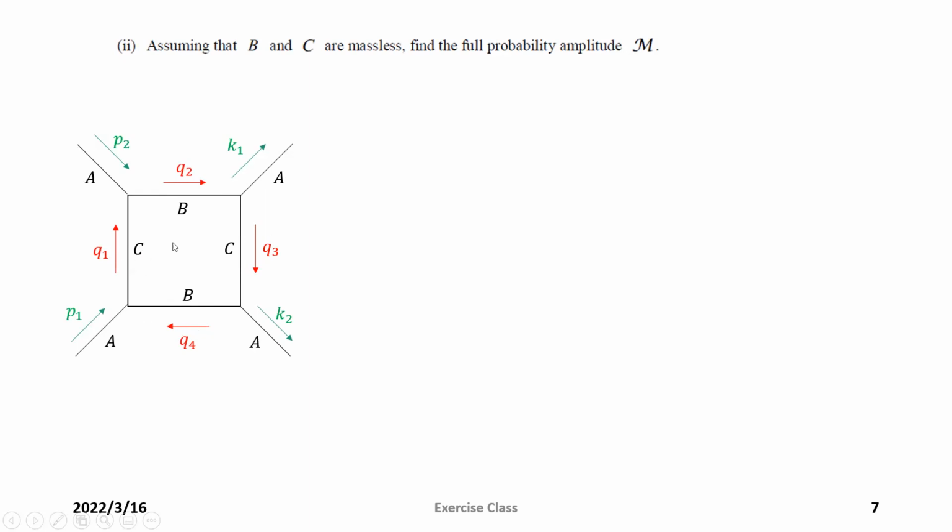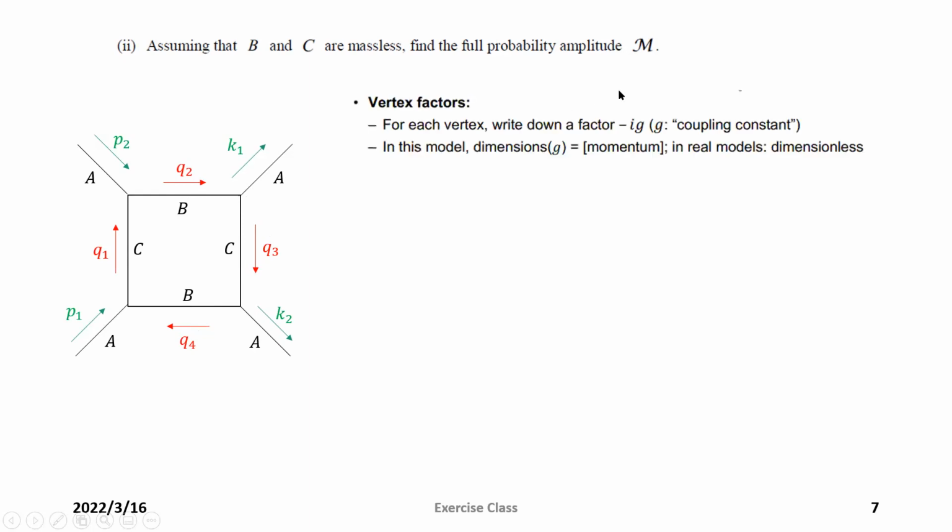And it doesn't matter whether you draw it to the right or to the left. The directions don't matter as long as you follow the Feynman rules. So the first step is to write down all the vertex factors. For each vertex, we write down a factor of minus ig. So here we have 4 vertices. So we just write down a factor of minus ig to the power of 4.